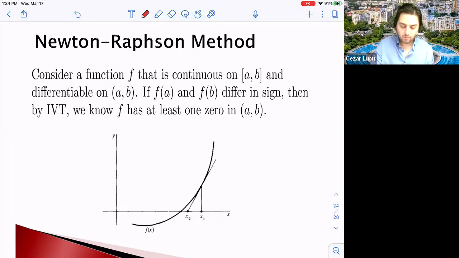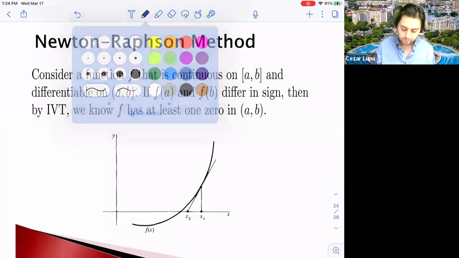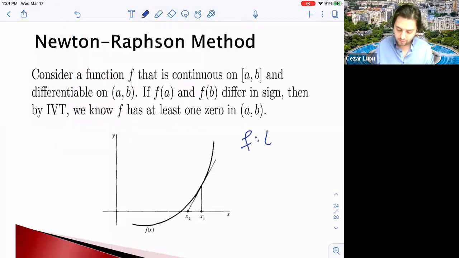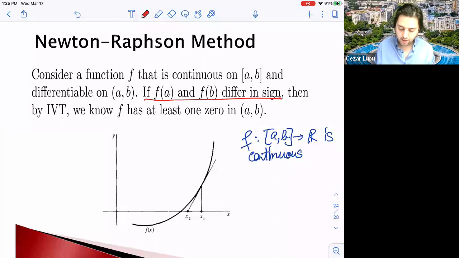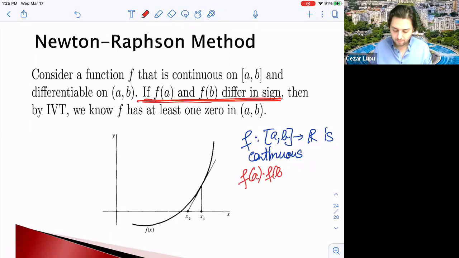Remember? Let me remind you this. So f defined on [a, b] is continuous. And let's see how we translate that f of a and f of b differ in sign. This is translated as follows: f of a times f of b is less than zero, a product.